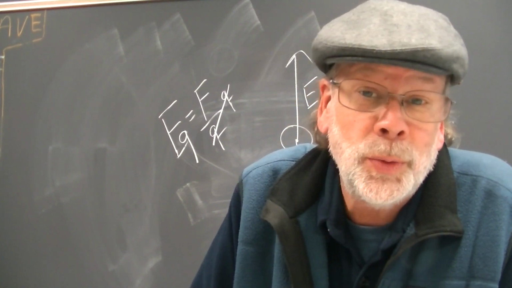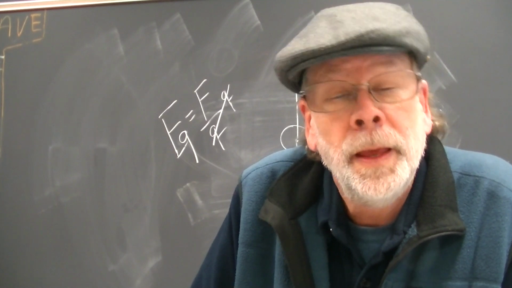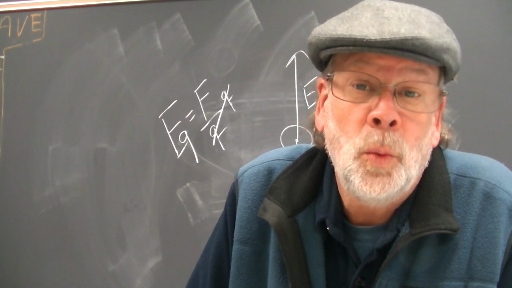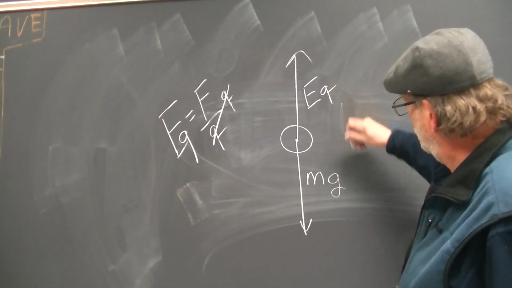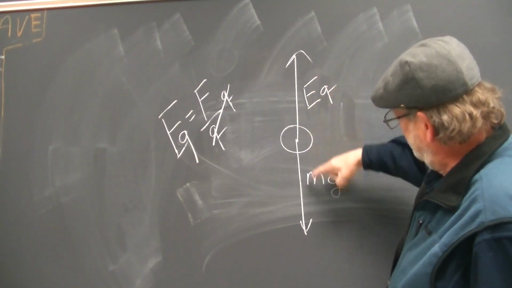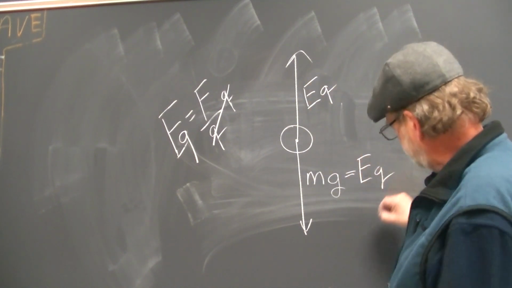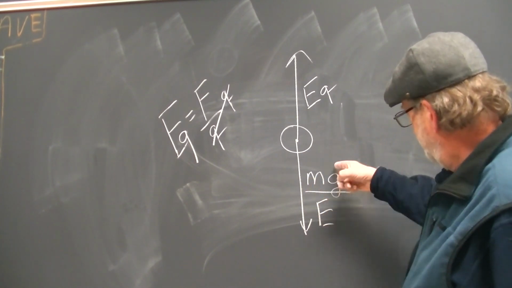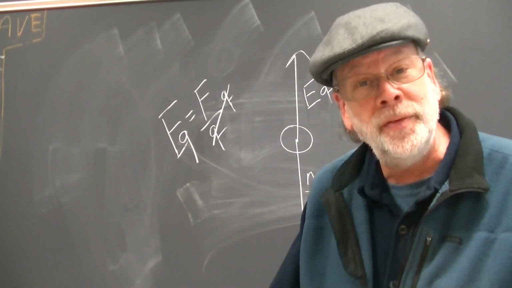Q, the actual charge on the oil drop, was not known. So Millikan laboriously worked it out. Look at what the equation comes to, though. If these things are balanced, we have mg equals EQ. If we solve for Q, mass times gravity divided by the electric field is going to be the charge on the electron.